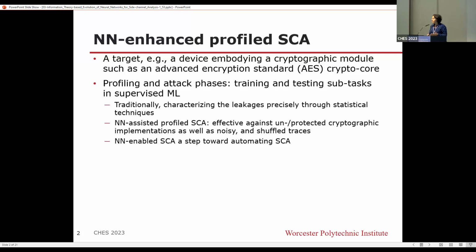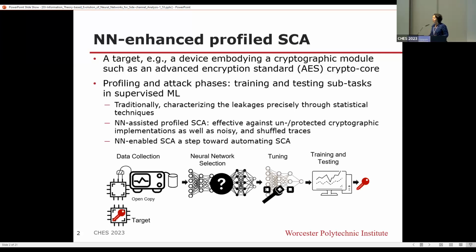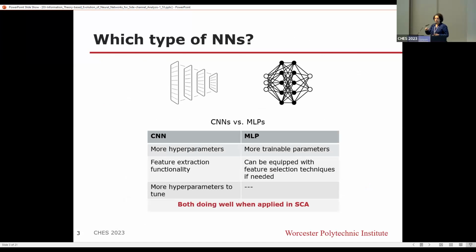And perhaps applying neural networks can be seen as a step towards making the side channel analysis a bit more automated. But of course, it comes at a price, and the cost is attributed to finding the right network and then finding the right set of hyperparameters for that network.